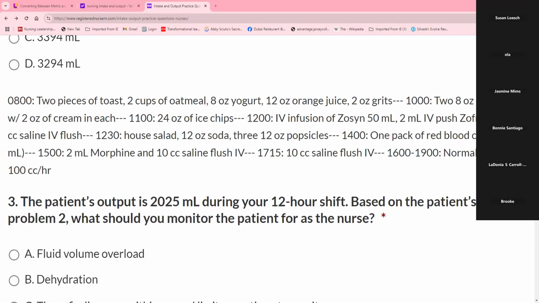So we're doing the one that says 2 pieces of toast, 2 cups of oatmeal.